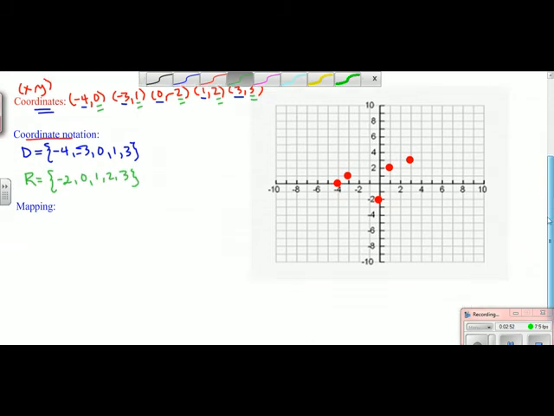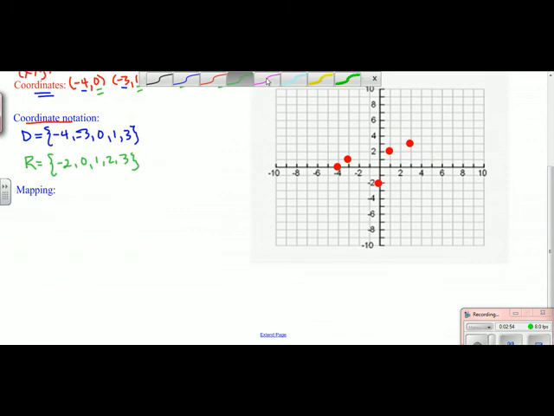Now mapping is another really useful way to think about how these x and y coordinates fit together and to see some of the relationships. So what we do to map is you make a vertical list of your domains. So we're basically just going to pull it from the coordinate notation in numerical order.